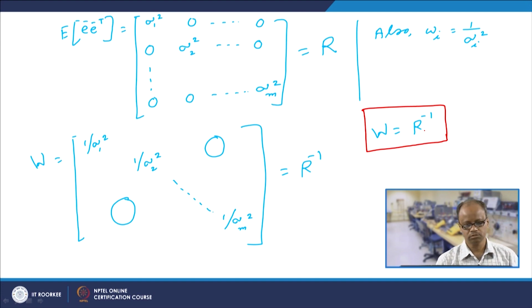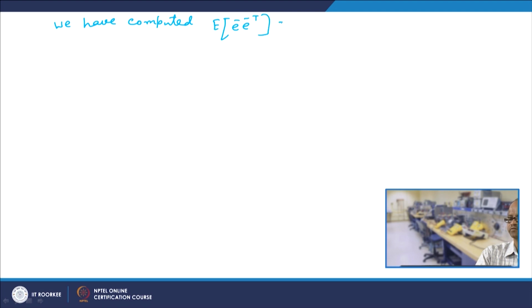Now, we do something very interesting. So far we have computed the expectation of E E transpose, and we have seen that this is nothing but R. Now, we also have the estimated errors.